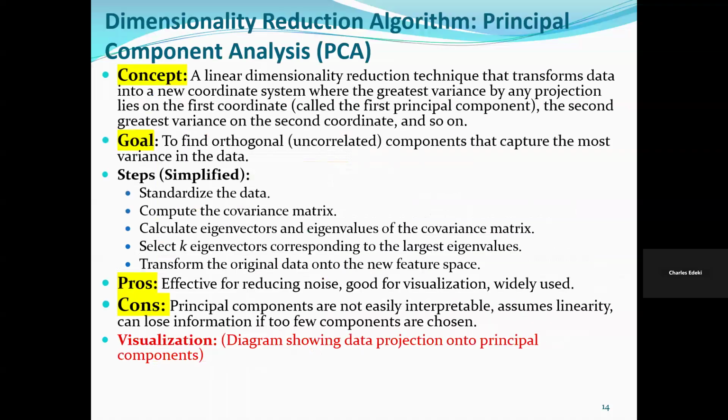That will lead us to the concept of principal component analysis.